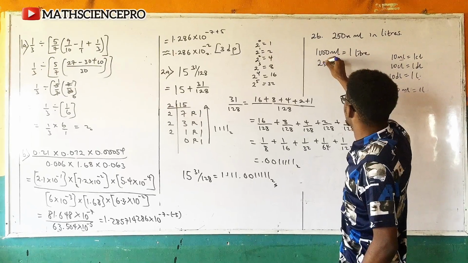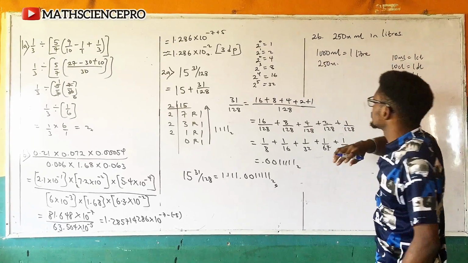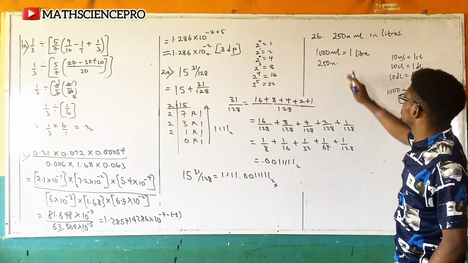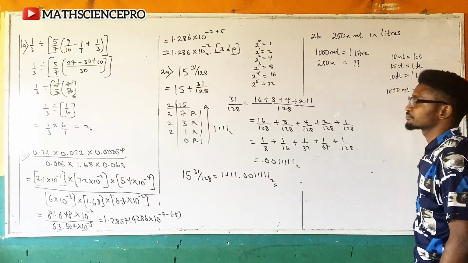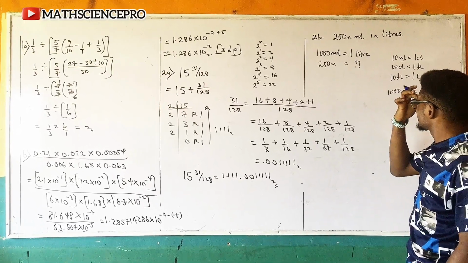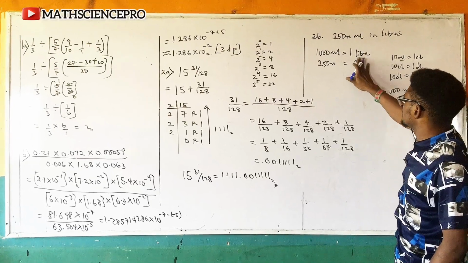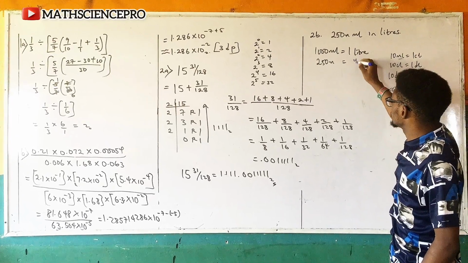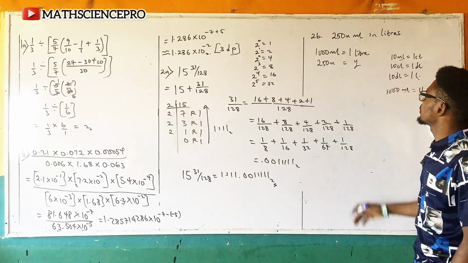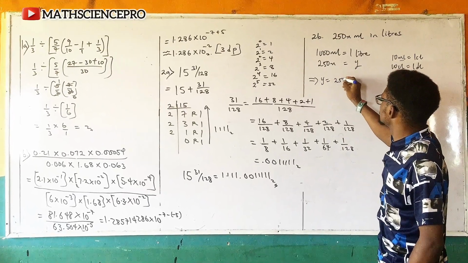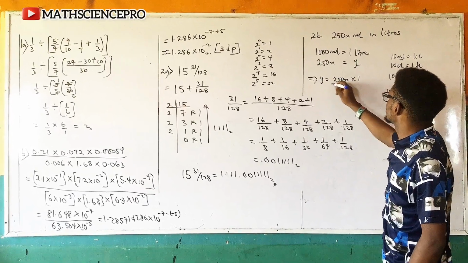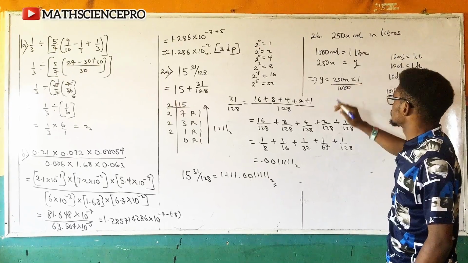So I want to convert 250x milliliter to liters, question mark. Let the result be y. So my y at the end of the day is going to equal 250x multiplied by 1 divided by 1000.